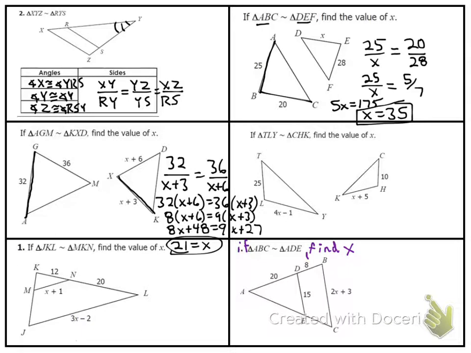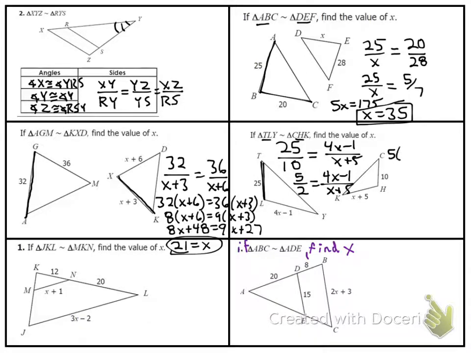Next we go to the middle right. We have TL is 25. That matches to CH, both first 2 letters. So 25 over 10 is equal to 4x minus 1 over x plus 5. I'm going to reduce 25 over 10 to make it 5 over 2. I can't reduce 4x minus 1 over x plus 5 because there's nothing factorable. So we do cross product.